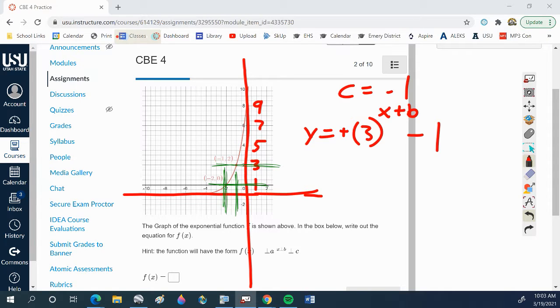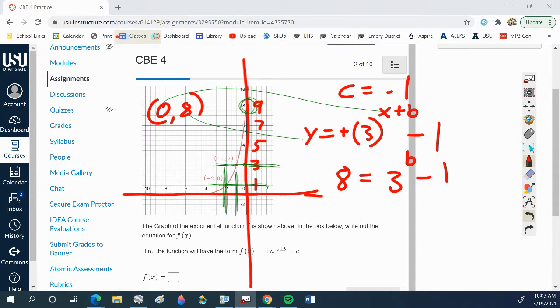What's our next step? Plug in a point. Which point will be easier? -2, 0. I like that number. Or actually, this one might be easier. 8, 0. Or 0, 8. Let's do that one. So 8 in for y, 0 in for x. 8 equals 3 to the b minus 1. So we add 1.